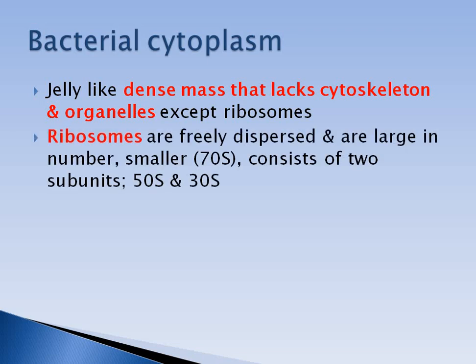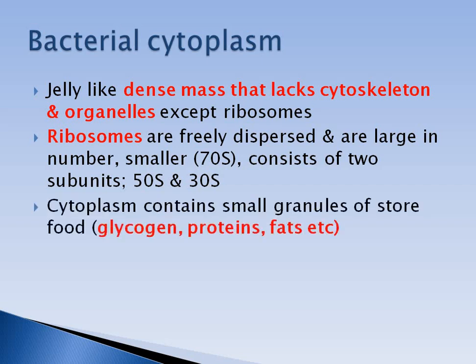And just like the eukaryotic ribosomes, bacterial ribosomes are also made up of two subunits, larger subunit and smaller subunit. Larger subunit is of 50S and smaller subunit is of 30S. When they combine together, they make up 70S ribosomes of the bacterial cell.